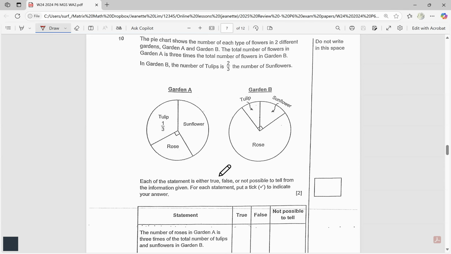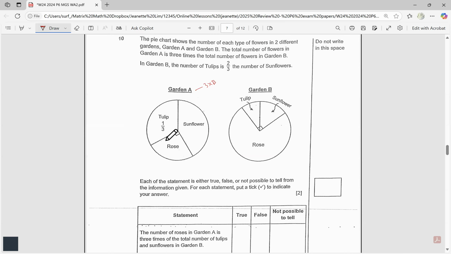Okay, so firstly, the flowers in Garden A is 3 times of B. Then the first one: the number of roses in A is 3 times the total number of tulips and sunflowers.